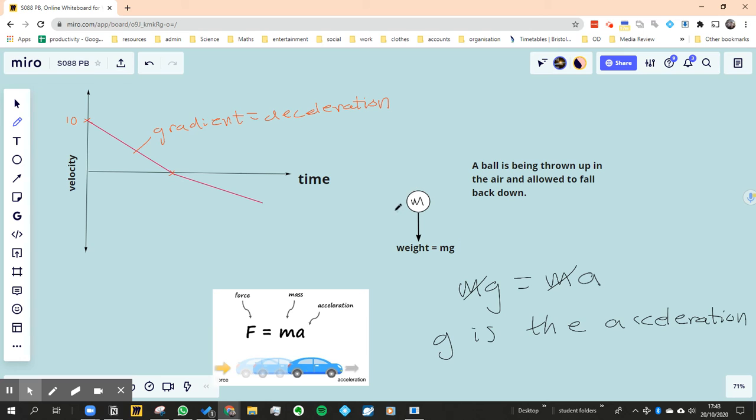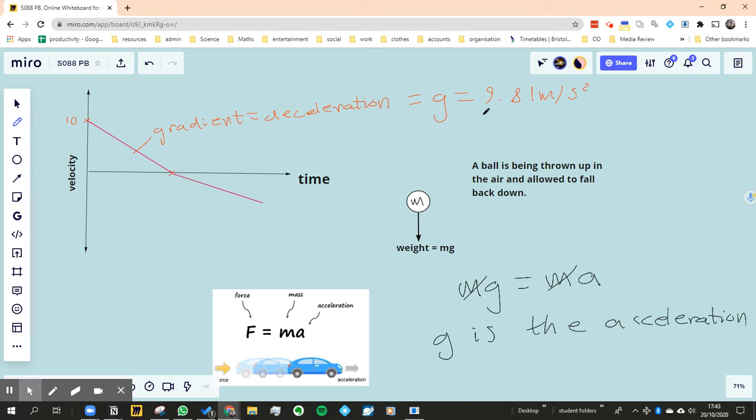At the moment, the ball is moving upwards, but the acceleration is down. So we call it deceleration because it's not getting faster, it's getting slower. But deceleration and acceleration are the same thing. It's just that a deceleration is acting in the opposite direction to the motion. So gradient is equal to deceleration, which is equal to g. In this case, g on Earth is 9.81 meters per second squared.